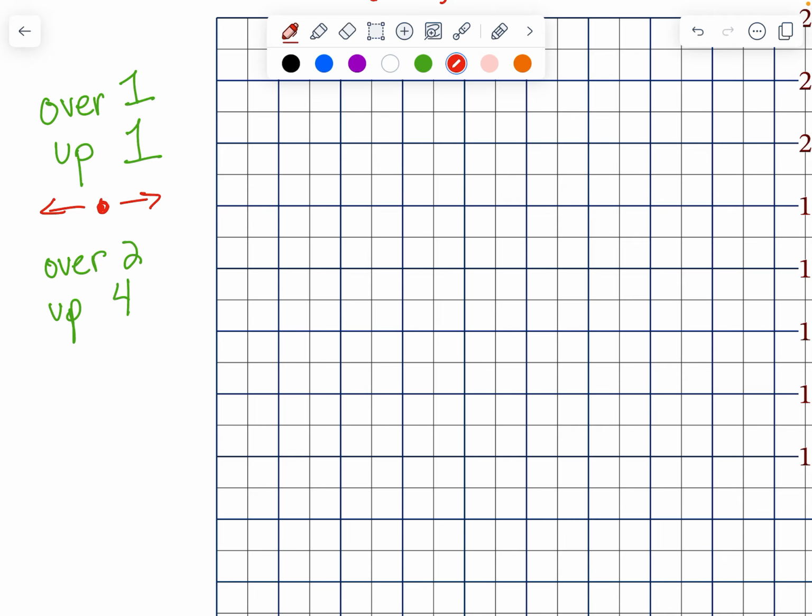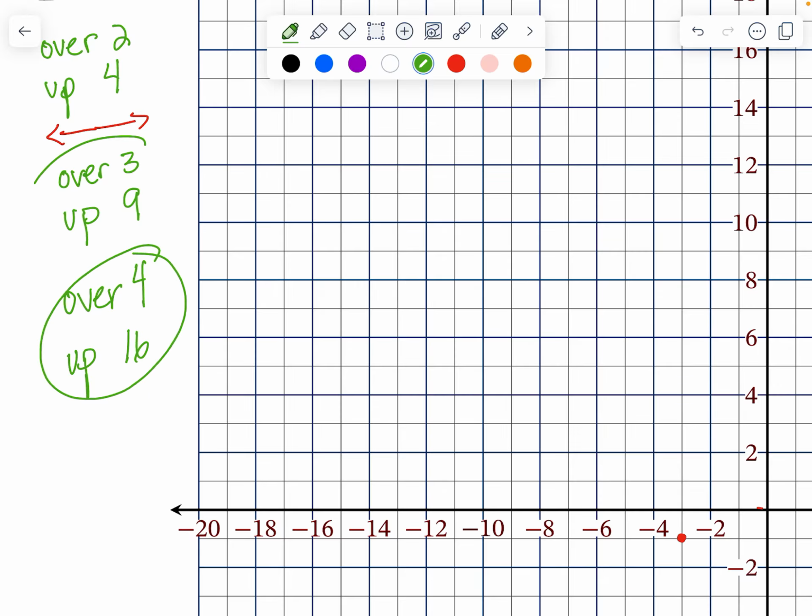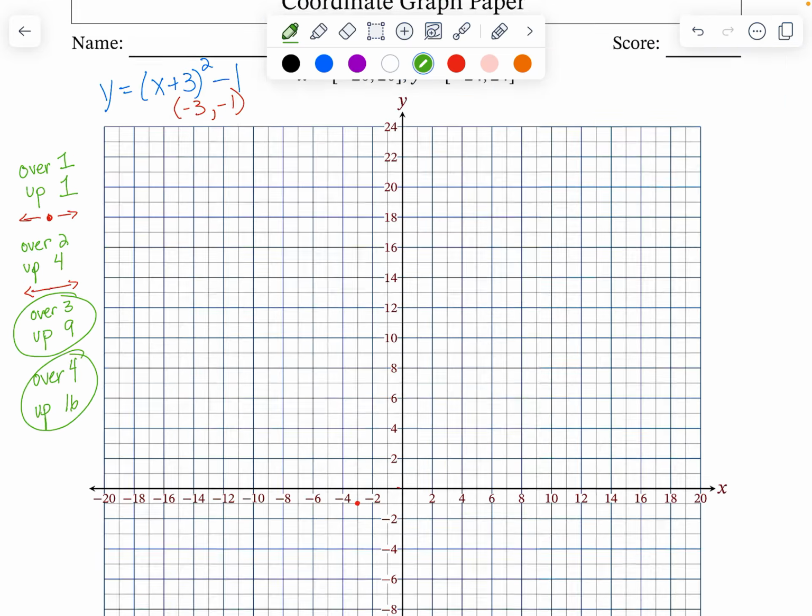And again, of course, you do it on both sides. Over 3, up 3 squared is 9. 3 times 3 is 9. And then over 4 and up 4 times 4 is 16. Okay? So let's do those.